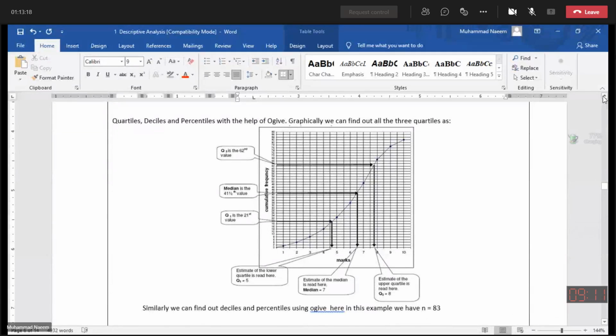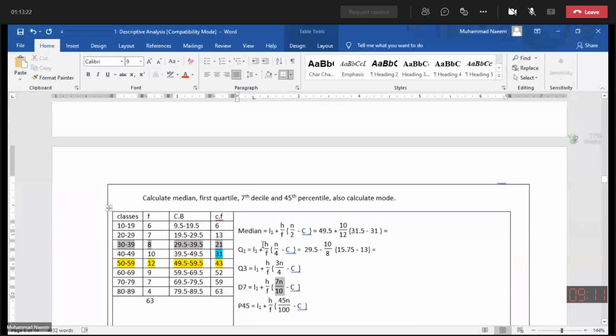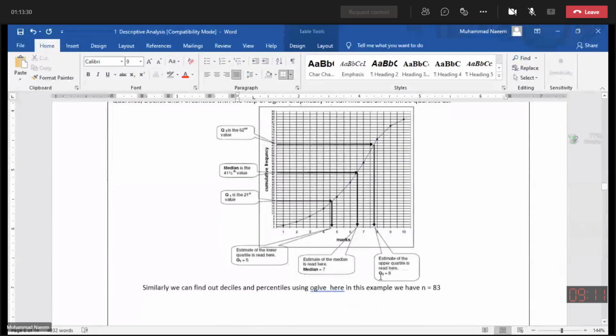Now, if we trace out an ogive for this distribution by considering midpoints along the x-axis and cumulative frequency along the y-axis, this will be the ogive.